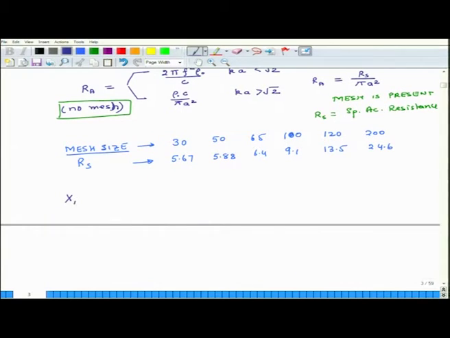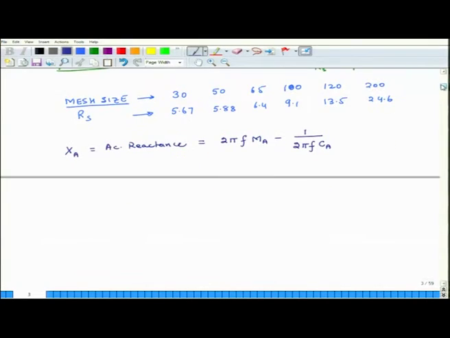So, X A is acoustic reactance, and that is equal to 2 pi f M A minus 1 over 2 pi f C A, and we had defined these terms M A and C A. M A is the acoustic mass, C A is the acoustic compliance.